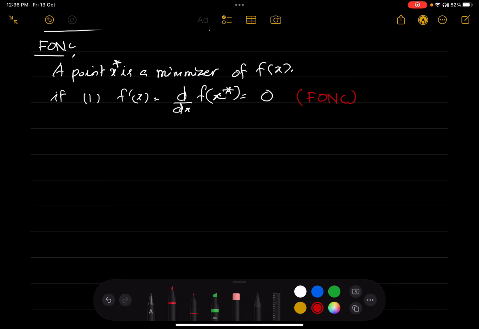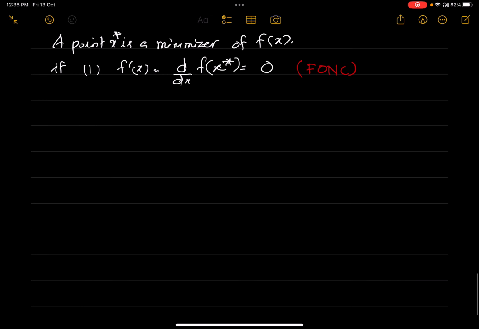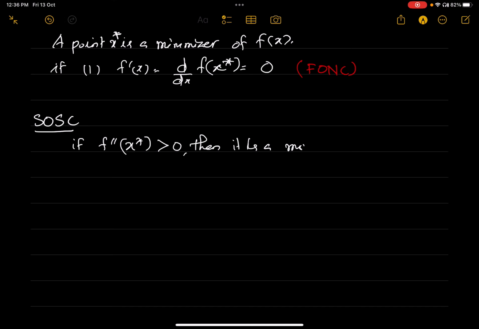Now let's go to the second order. First, let's state the second order sufficient conditions in light of what we have discussed in the last class. So we have stated, if f double dash of x star is greater than 0, then it is a minimizer.